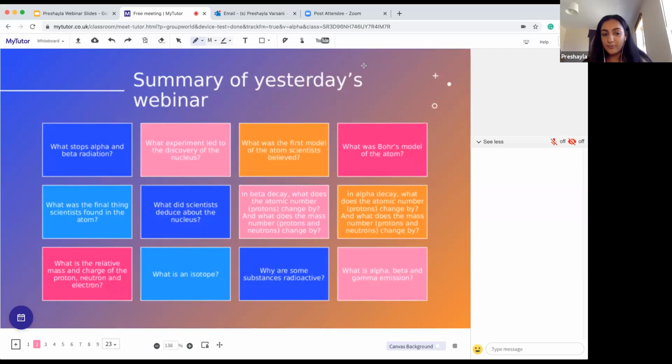We talked about isotopes, which are 2 forms of the same element, which have the same number of protons but a different number of neutrons. Therefore, their atomic numbers are the same, but their mass numbers are different. We talked about why some substances are radioactive, and this is because of how stable or unstable the nucleus is.